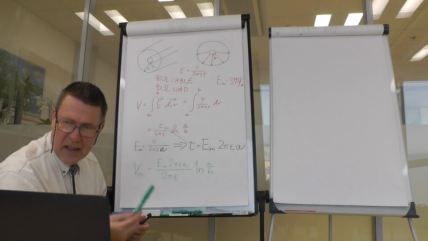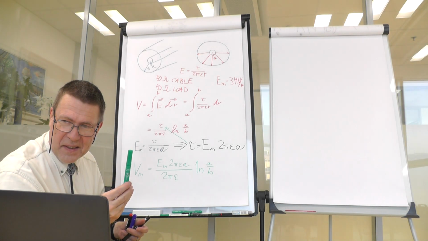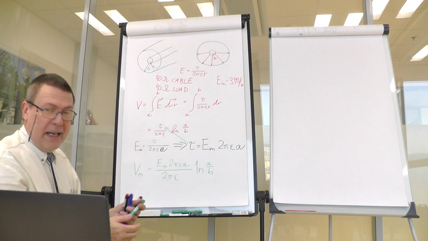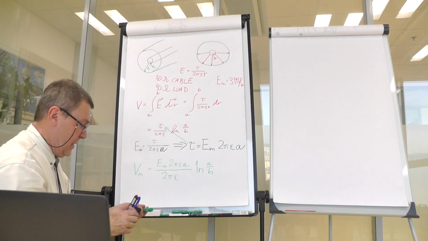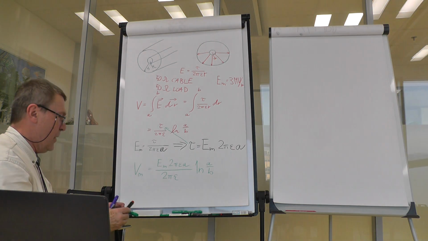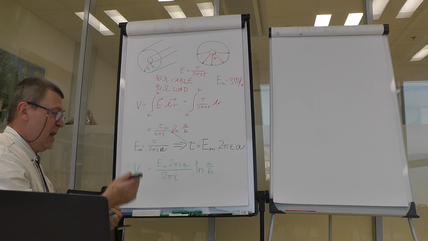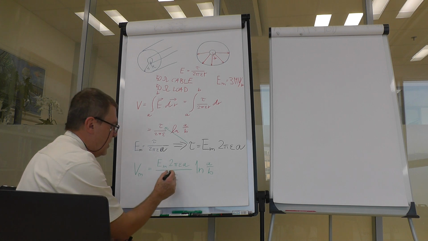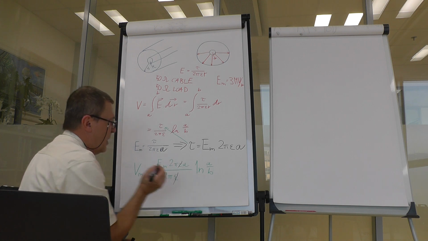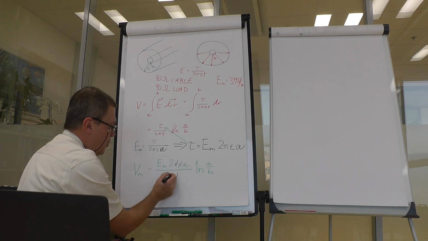Is the green color visible? Yes. Thank you. So now we can just cancel some terms here. I will do it by a black pencil, so the epsilon is not relevant or important anymore. We can cancel 2 pi.